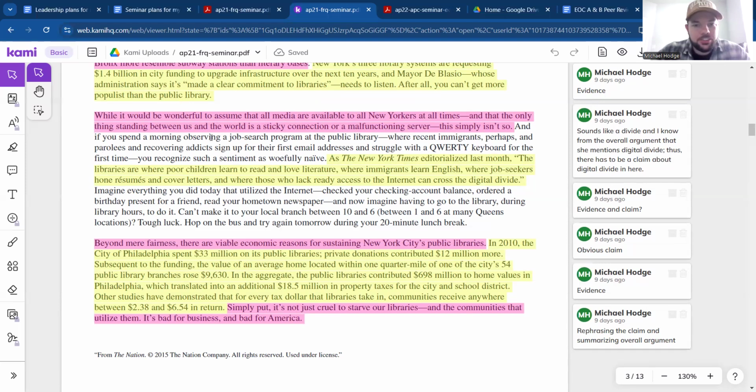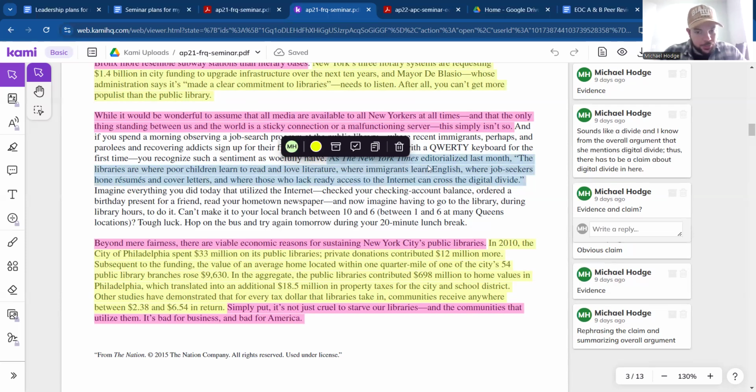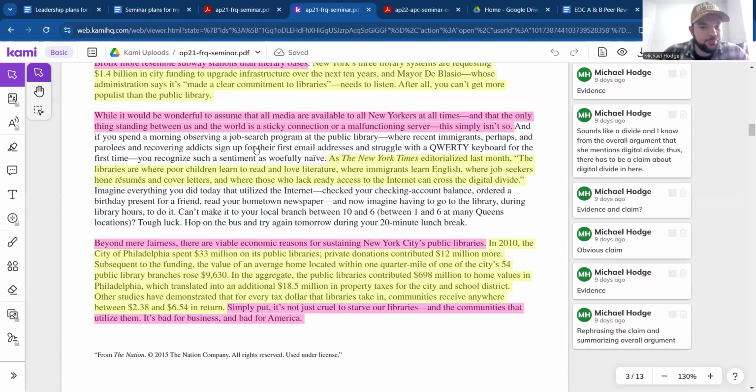And it's just reemphasizing the point that not all data and media is available to all New Yorkers at all times, right? Which is why they then used this particular piece of evidence from the New York Times, because we're using people in New York as an example because it's a major city, right? So anyway, this is a claim.